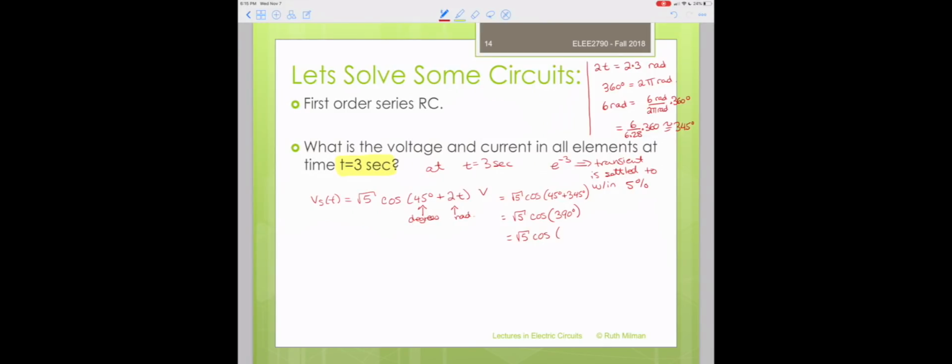As I do that, I'm going to be left with 30 degrees. And hey, that happens to be a number I know because the cosine of 30 degrees comes from one of my nice triangles, so I'm going to have an exact number of root 3 over 2.